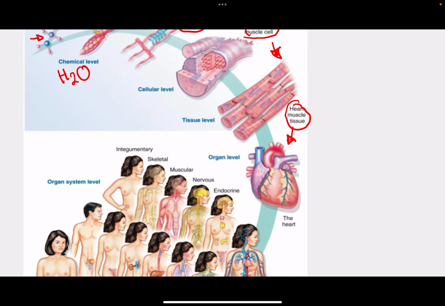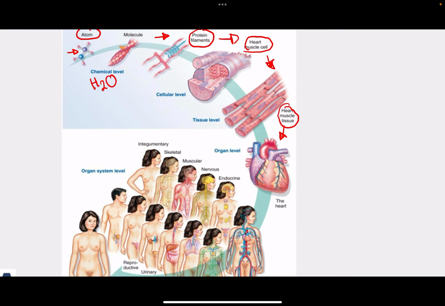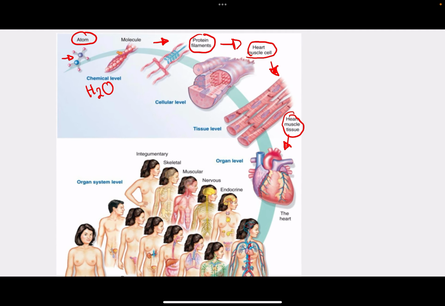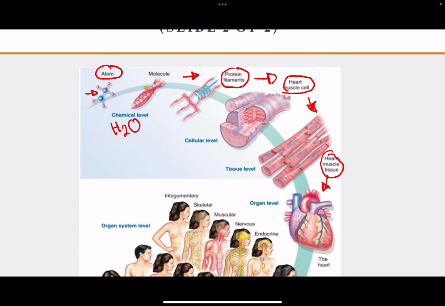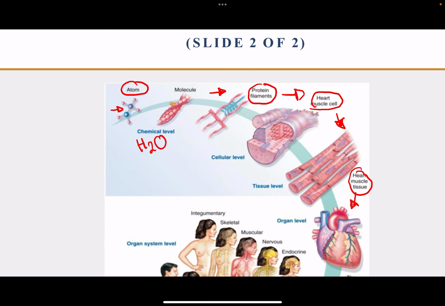Now, the crazy thing about this is before we even get to the whole system, we're going to take it a little back to those molecules. Whatever molecule decides, for instance, let's say I need 5 carbons, 6 hydrogens, and 2 oxygens for a specific protein filament, it's going to change what the cell is.